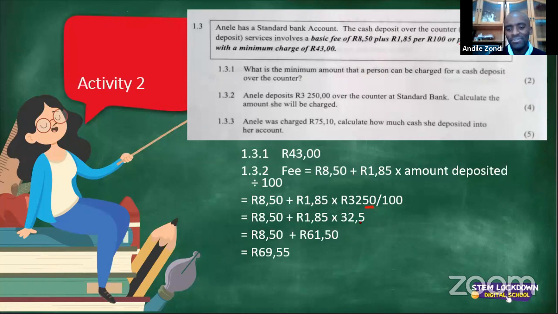So this value should actually have been rounded up to 33. Why? Because of this statement, part thereof: any part of 100 rand will be charged as if it was 100 rand. So 32.5 is good, but you need to further round it up to 33, because of this term, part thereof.